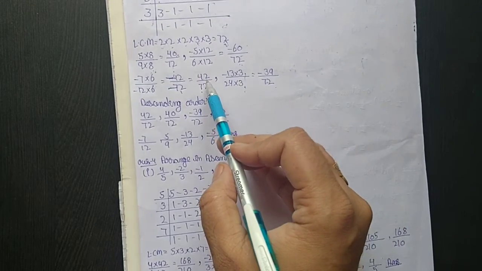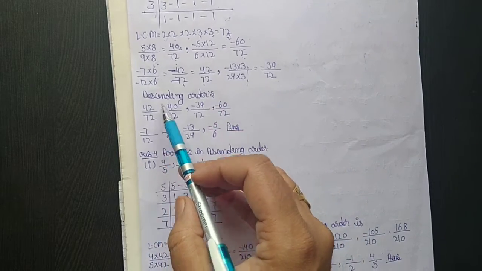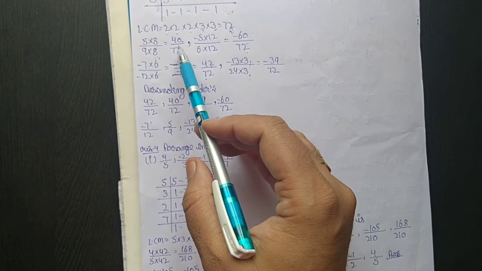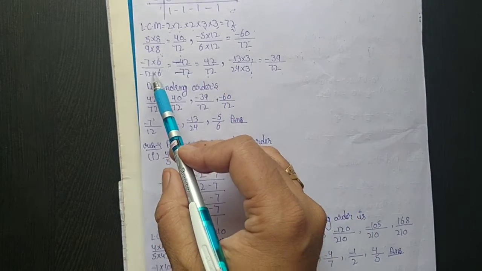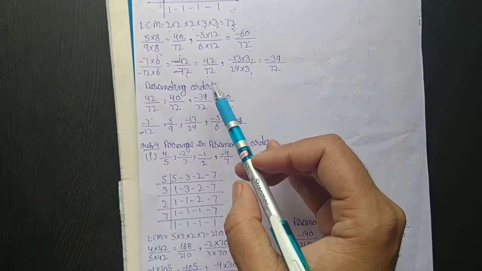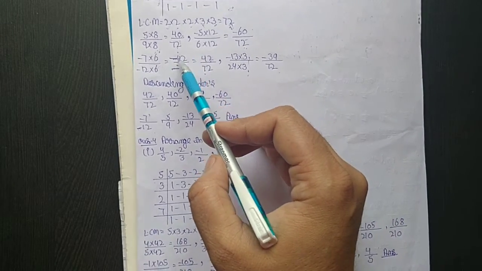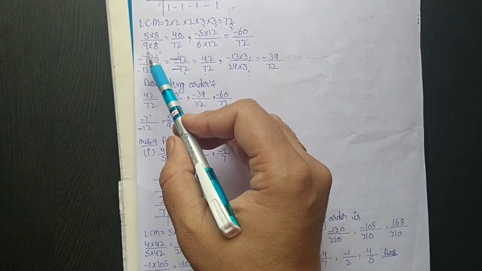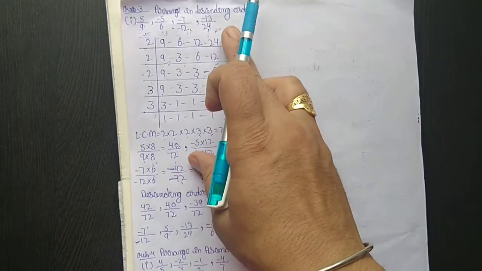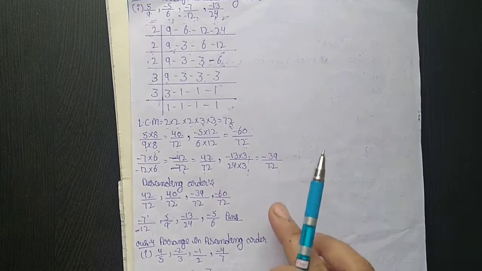So first of all 42 is greater in numerator, so 42 upon 72. Then its original fraction is minus 7 upon minus 12. Then next is 40 upon 72, its original number is 5 upon 9, because we have to give the answer from this question, not from these.